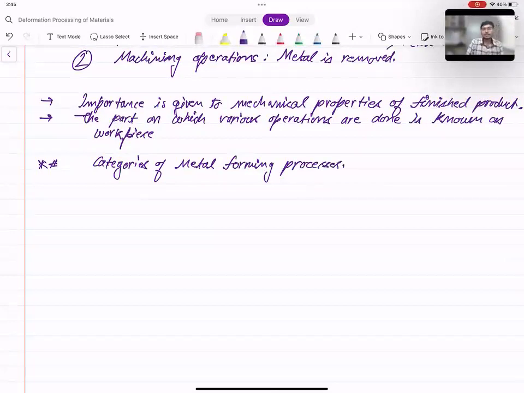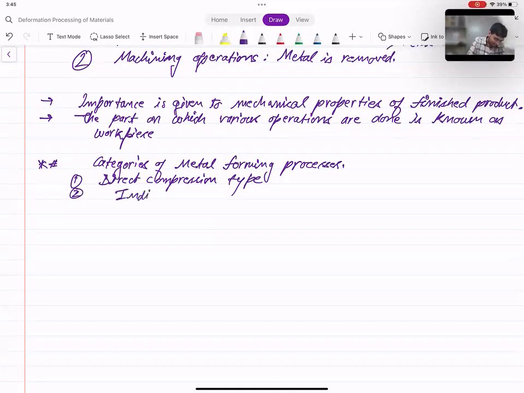Okay, so they are basically direct compression type, then the next one is indirect compression type.